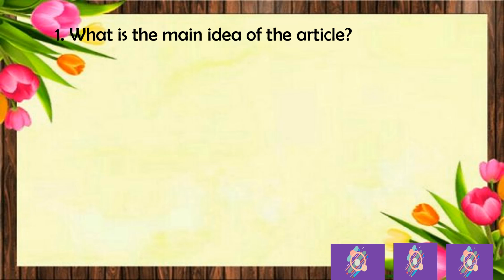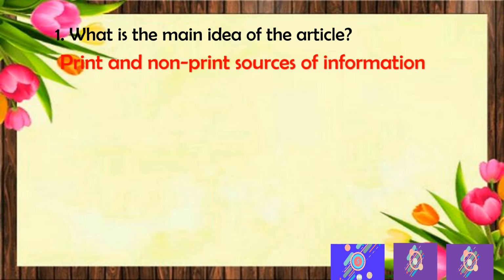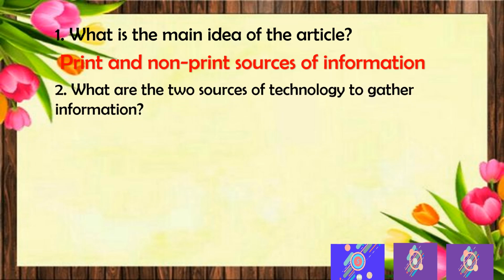Let us now answer the questions. What is the main idea of the article? Answer: print and non-print sources of information. Number 2, what are the two sources of technology to gather information?